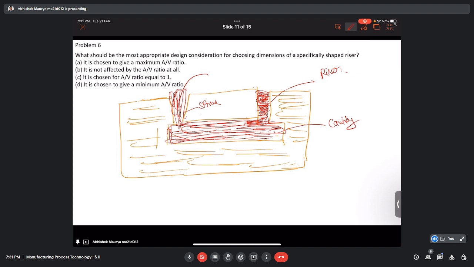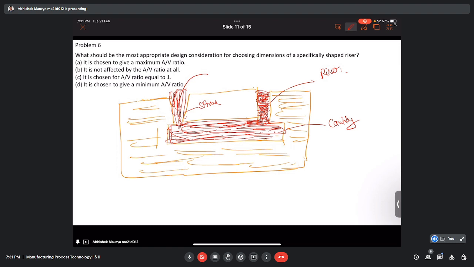So even if the material inside the cavity has solidified, the material inside the riser should not solidify. So if we want to delay the solidification of the molten metal inside the riser, what do we have to do? We have to reduce the heat transfer rate.